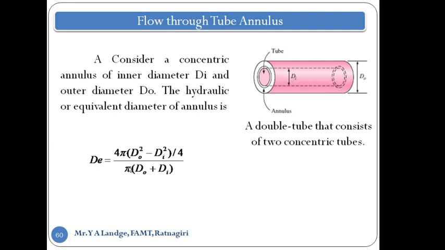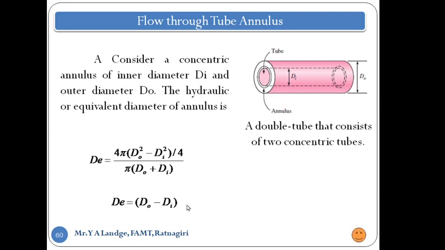This is the formula for the perimeter and this is the formula for the cross-sectional area for the fluid flowing through the annulus. And for this case, we got D equivalent is Do minus Di. Now when you want to calculate the Reynolds number of the fluid flowing through the space between these two pipes, we choose D equivalent equals Do minus Di.